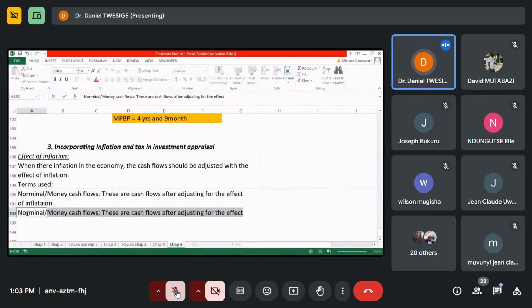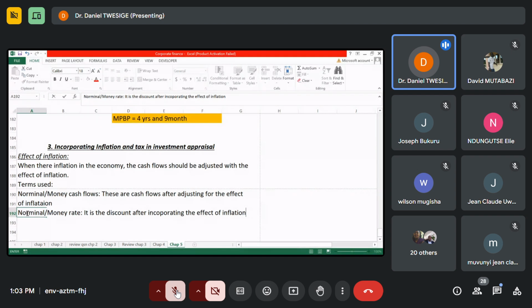It is the discount rate after incorporating the effect of inflation.